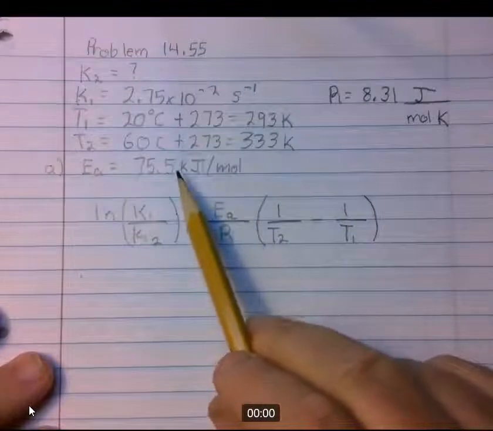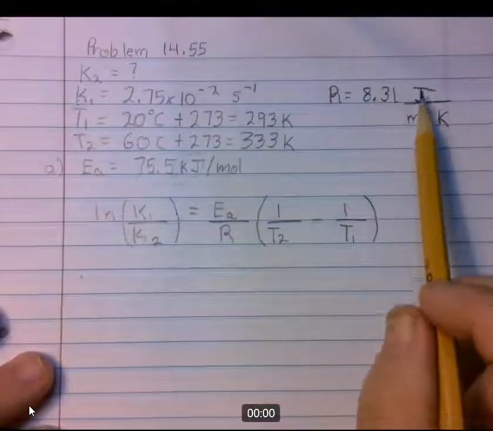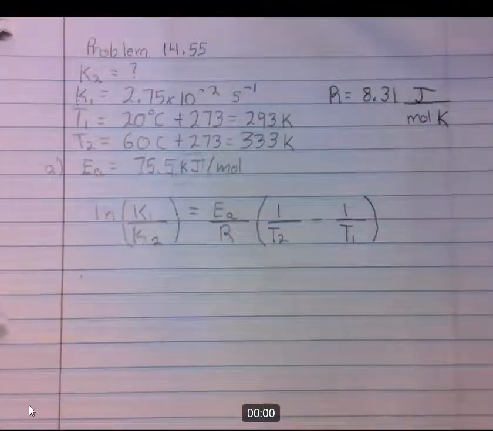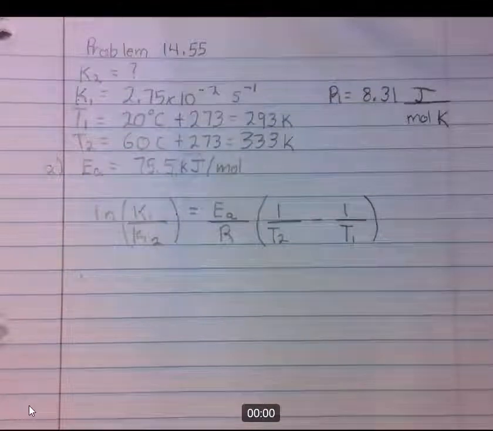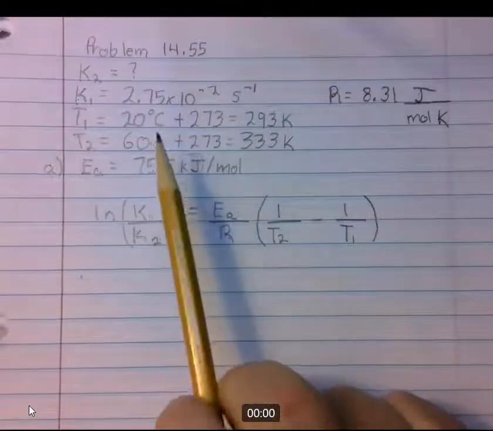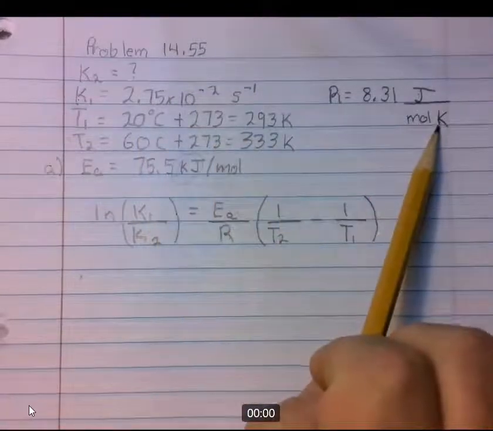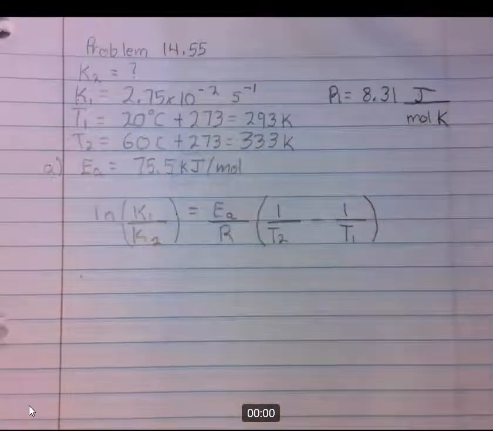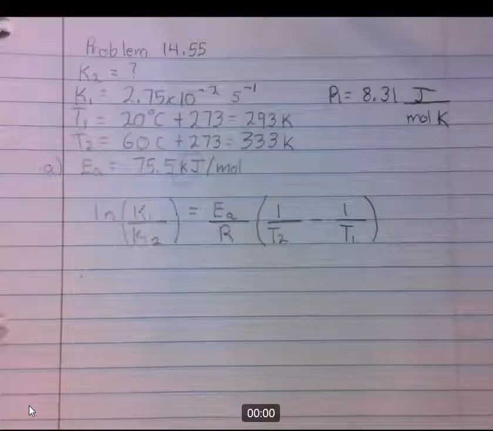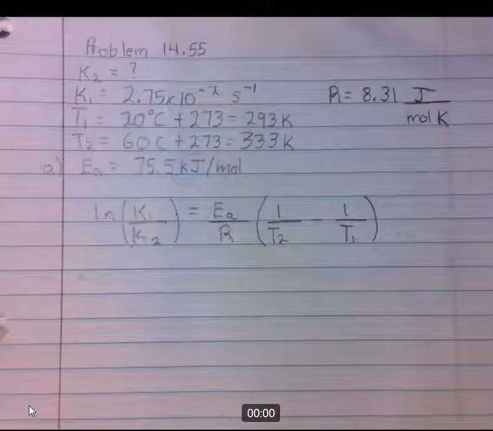So we're going to need to convert kilojoules to joules. That's one of the things the gas constant does for you, is it tells you what units you need to work in. That's why we knew that we had to convert from centigrade to Kelvin, because it has Kelvin in it. So always look to constants in general, but in this case the gas constant R, to tell you what the units of measure are that you're going to have to deal with. Okay, so let's go ahead and do this.